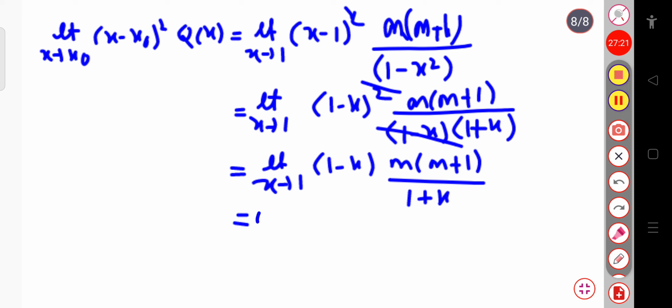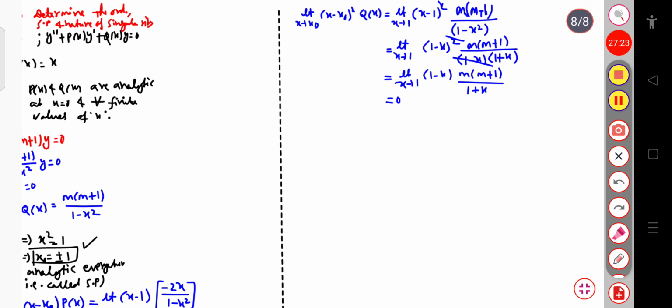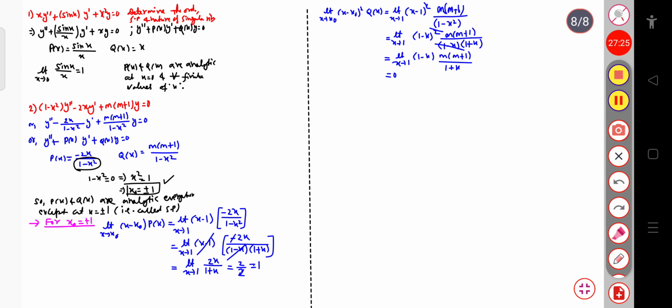Now if you compare, you can see here the value for p of x, that is limit x tends to x naught, x minus x naught into p of x, its value is equal to 1. And for q of x, limit x tends to x naught, x minus x naught whole square into q of x, the value is equal to 0. So both are finite values.